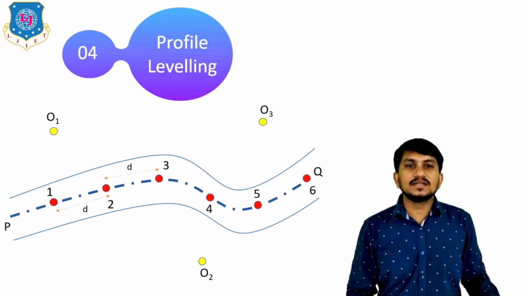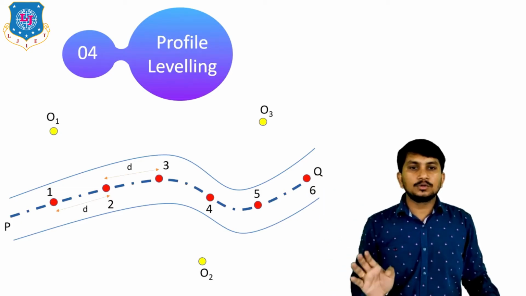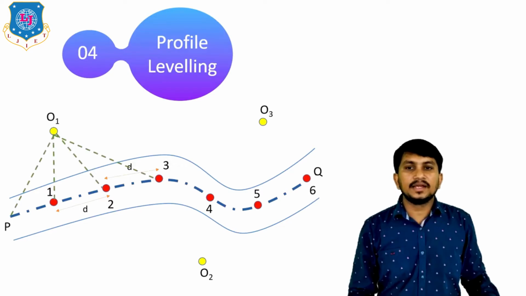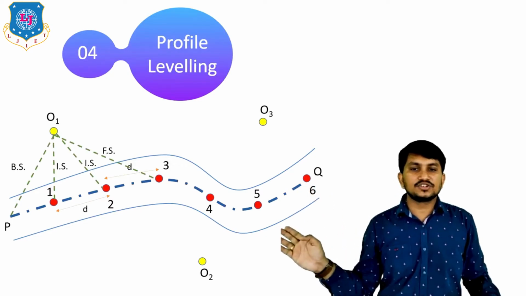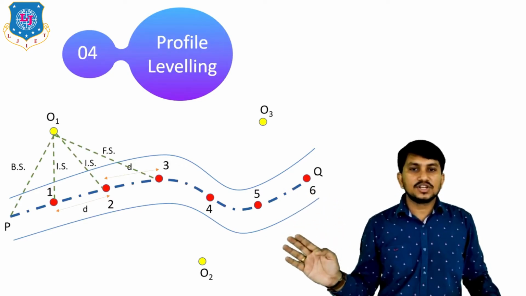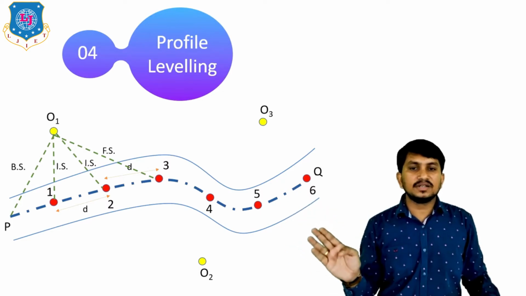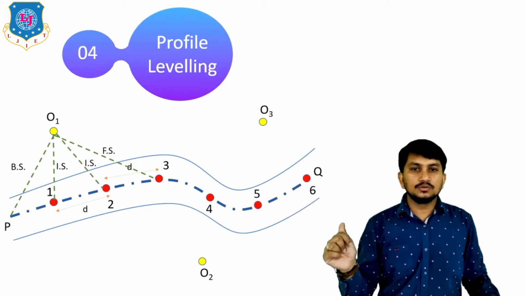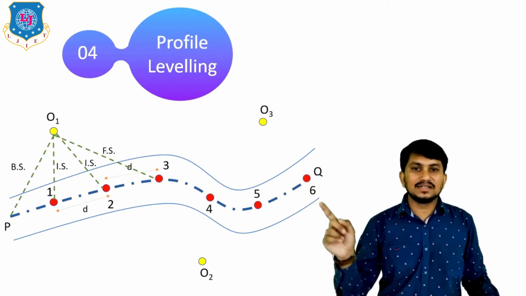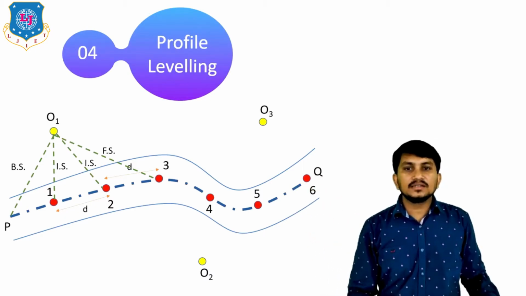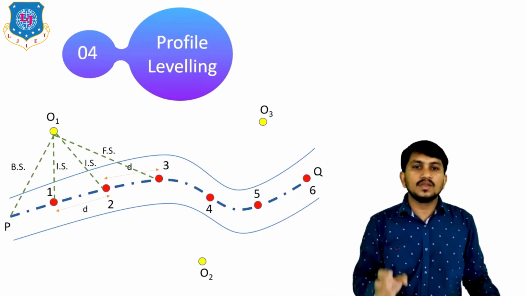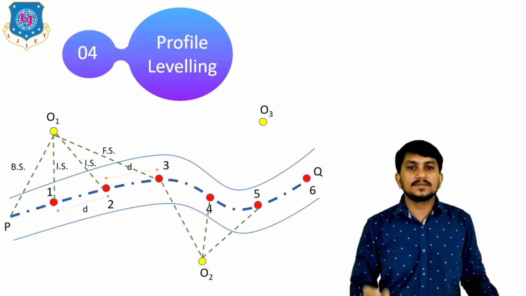For that, a number of setups are required like O1, O2, O3, and a number of readings are taken. First is BS at station P, at station number 1, IS, at station number 2, IS, because the range of O1 is up to station number 3, so the last reading is FS. After taking the last reading, the instrument was shifted from O1 to O2 and the readings were taken like this.